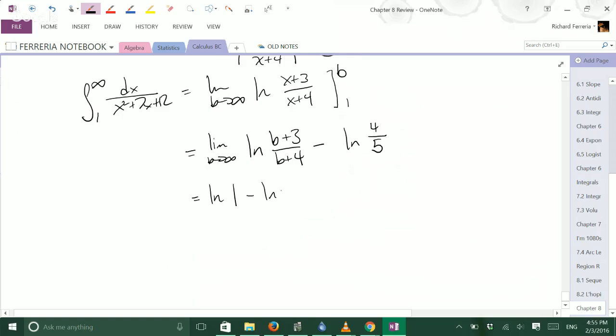Now you should be able to know a couple of different ways why that's the natural log of 1. First of all, L'Hopital's rule tells you that that limit is 1. Second of all, the lead terms, b over b, simplify to 1. Also, 3 and 4 are smaller than b. Sure, I feel uncomfortable with that method though, because what if it was 3b?